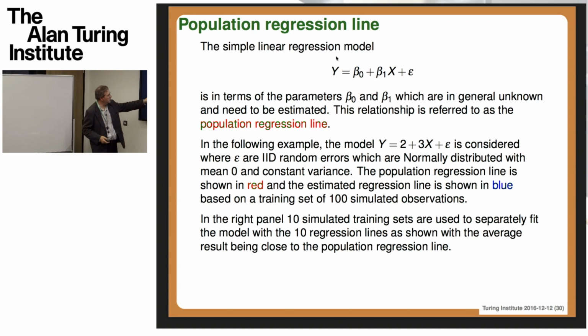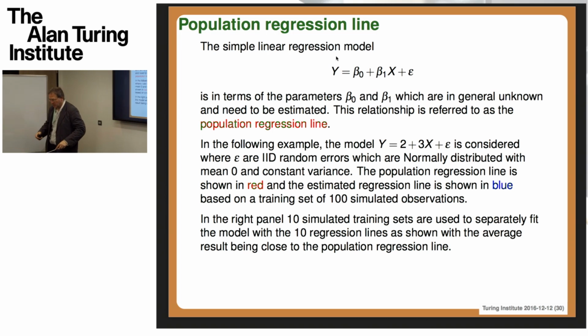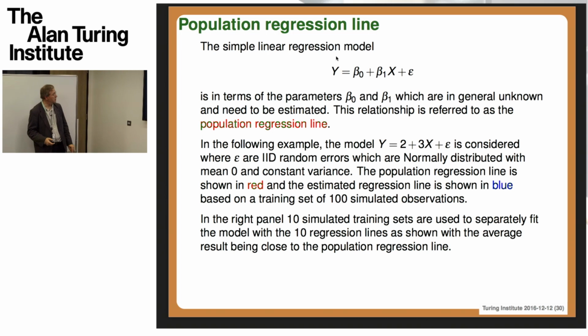Let's suppose the model was beta 0 is 2, beta 1 is 3. And suppose that these epsilons, these error terms, are zero mean, and independent over observations. But just for the purpose of producing a synthetic data set, let's suppose they are normally distributed with some constant variance and mean 0.